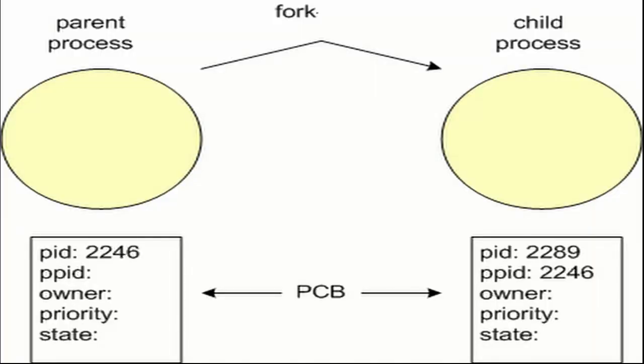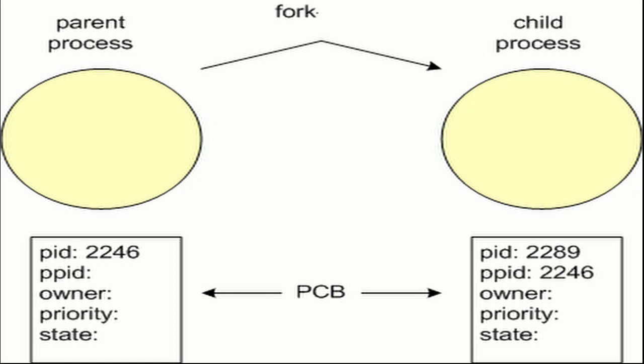So the init process is the parent process of all the processes that get created inside the system. The init process creates more processes which are called child processes, and so init is the father, or we can say the parent, of all these processes. You can see the parent process creates a child process. Both have their respective process control blocks, that is PCB.